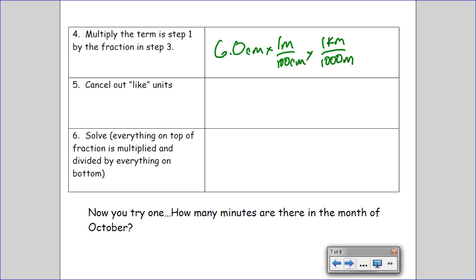Okay, cancel out the like units. So as we go down here, we're going to get 6.0 times 1 over 100 times 1 km over 1,000, because all the canceled like units disappear, leaving us again with the only units that we care about, which is km.